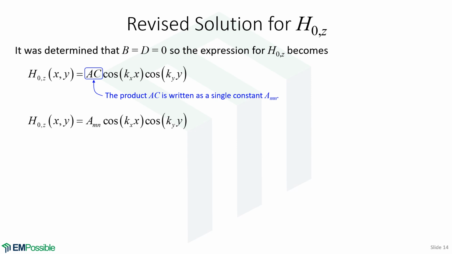So we're going to write this as A sub mn. And that's going to remind us this is the amplitude of the mode number that we're indicating with a choice of both m and n. So we will call this the 0-1 mode or 1-1 mode, etc. So that's our general expression for H naught z after applying the boundary conditions.